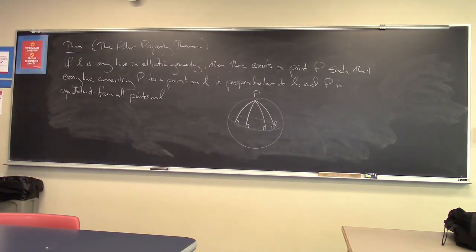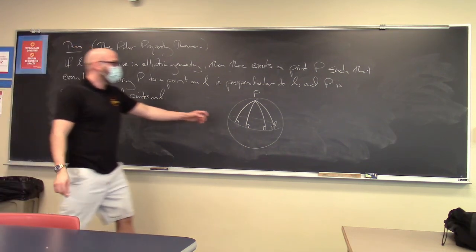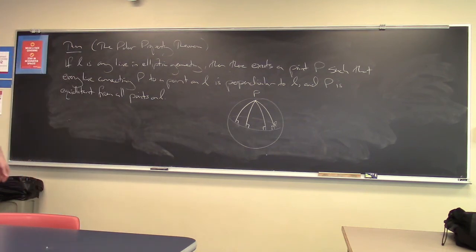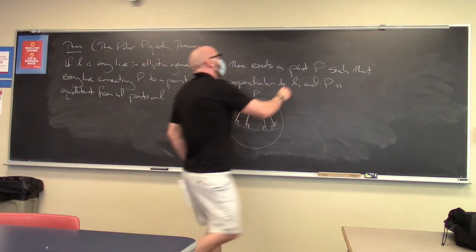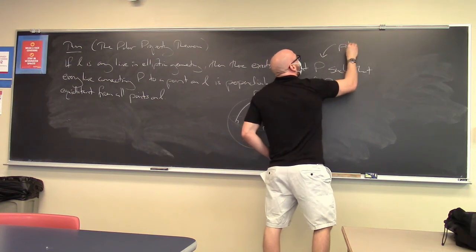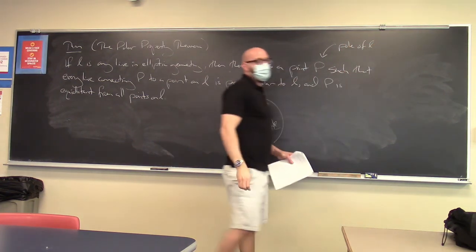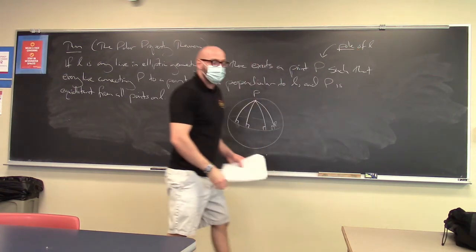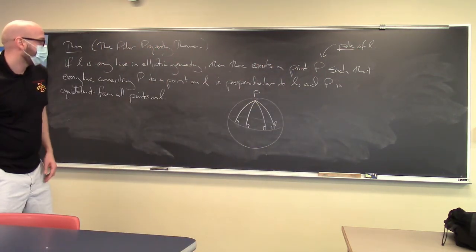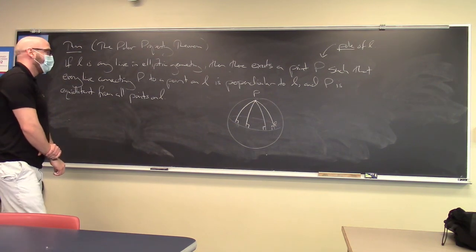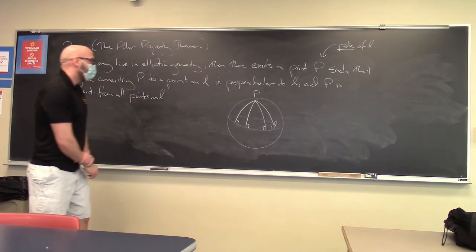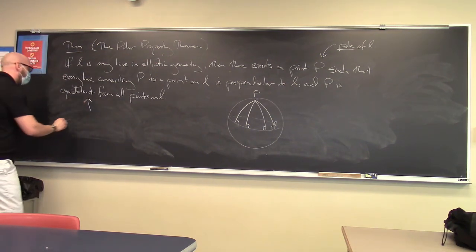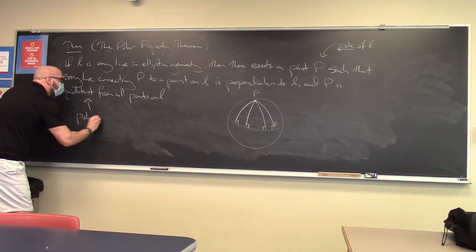And that distance from the equator to the North Pole is the same distance no matter which of these lines you walk along, right? So they're all the same length. So this point P is called the pole of L. And this distance from P to L is called the polar distance.